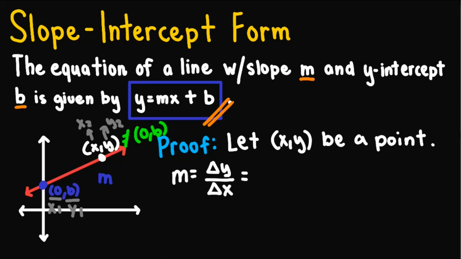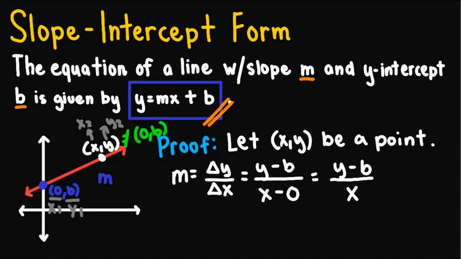So the slope is given by y minus b all over x minus 0, or simply y minus b over x. So if you're confused at this part, you may check out my video regarding slopes to understand how we arrived with this formula out here.